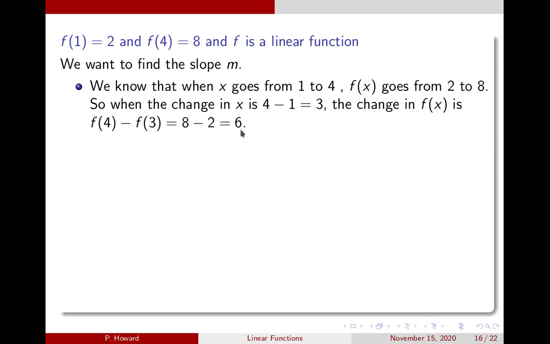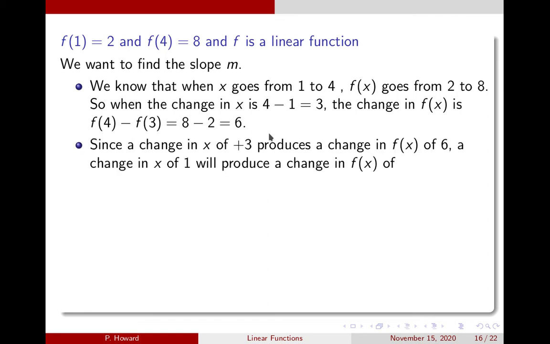Well, 1/3 of 6. Since a change in x of plus 3 produces a change in f of x of 6, a change of 1 in x will produce a change in f of x of 1/3 times 6, or 6/3, which is 2.